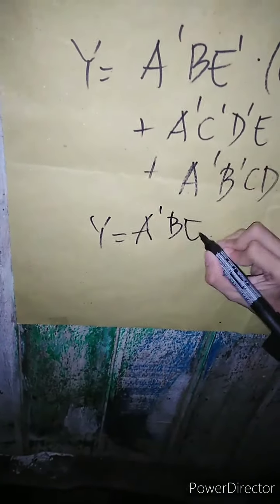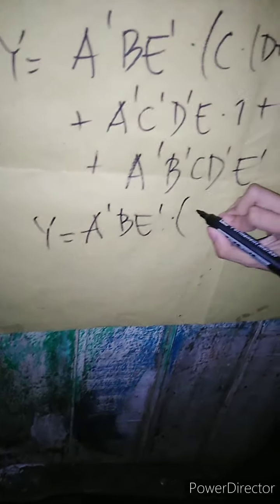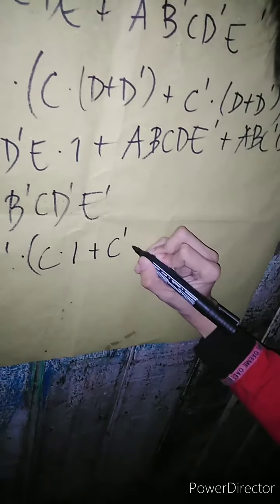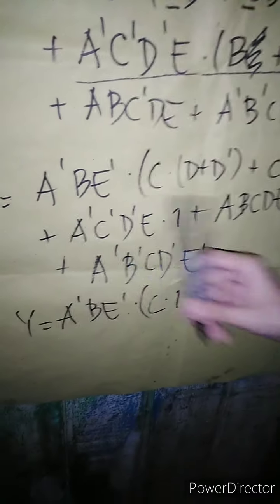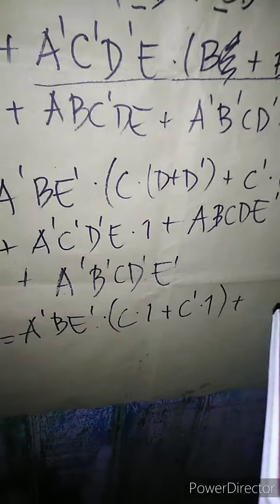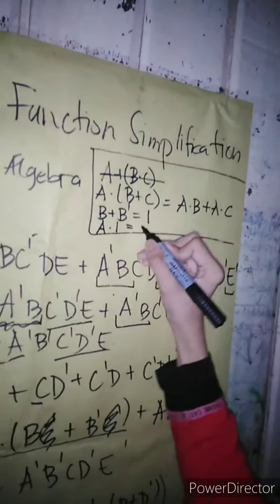So, we will have A prime, B, E prime, and C and 1, or C prime and 1, it's not I, it's 1, or, okay, for this one, it is a known property from the AND category that A and 1 is always equal to A. So, this term will stay.